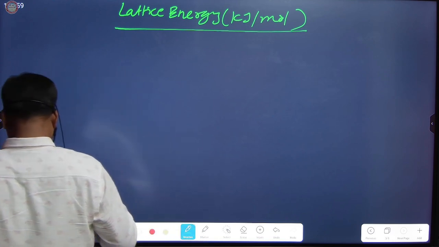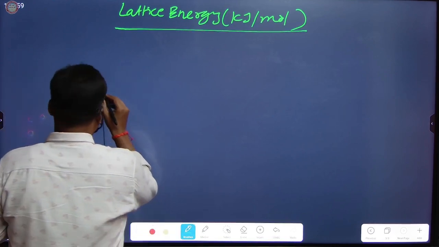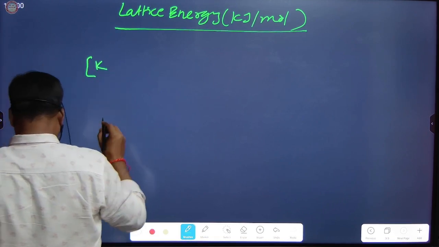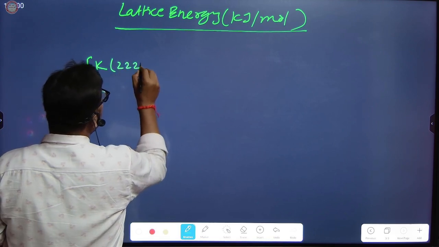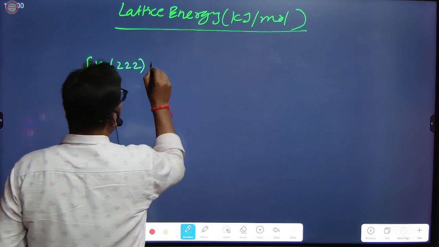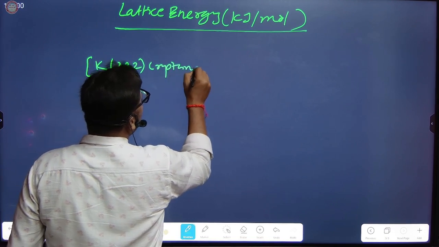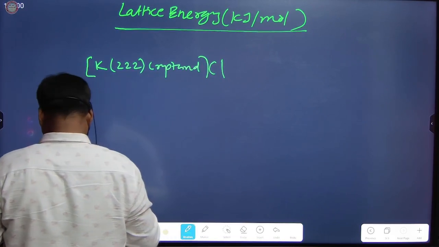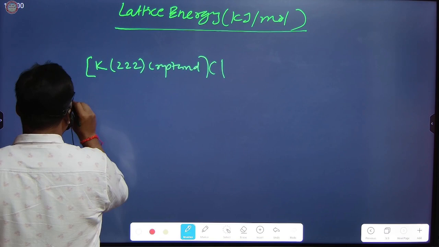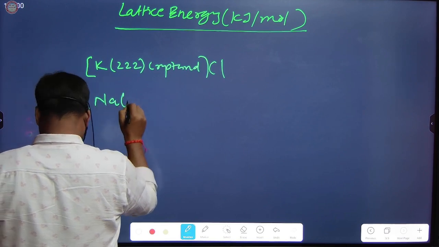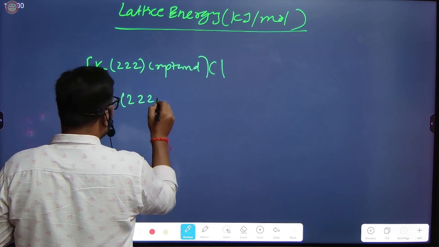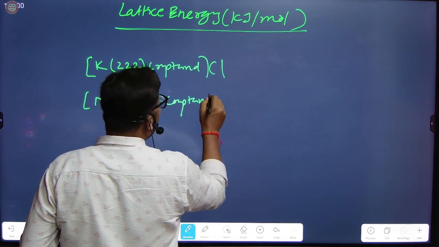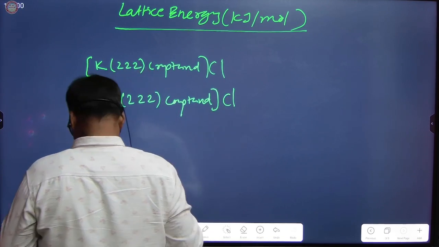Suppose we have data that I have collected: K222 cryptand Cl and Na222 cryptand Cl.